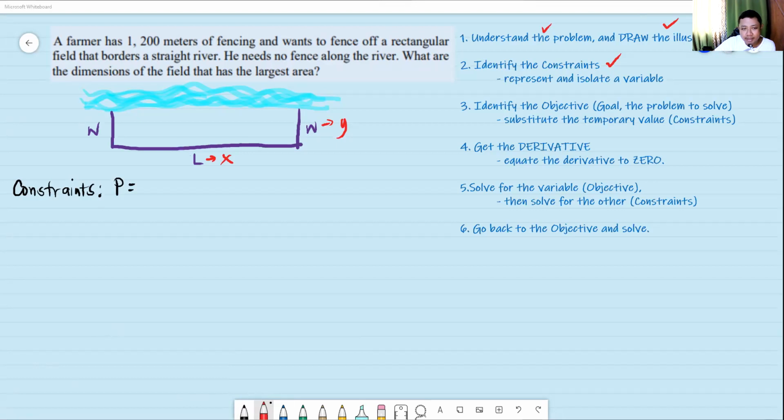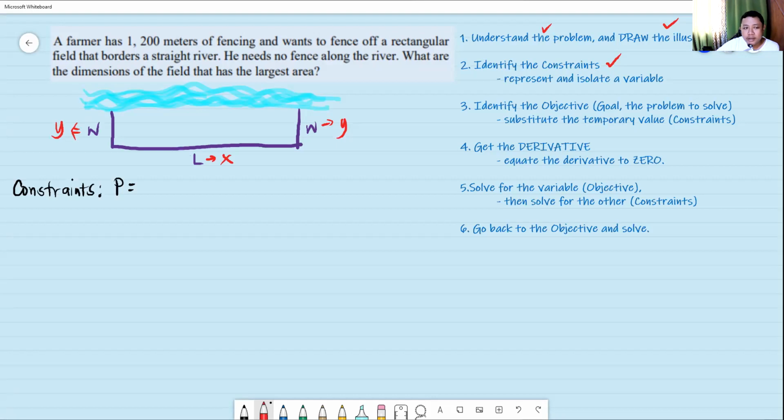Okay, given our illustration, please write the perimeter of your given figure. Linnea is correct. What about the rest? What's the perimeter? Kasi from the figure, that's where you derive or make your constraints formula. Ilan ba ang x? Ilan ba ang y? As simple as that. Because this will also be, of course, y. Same lang yan kasi pareho yan dapat eh.